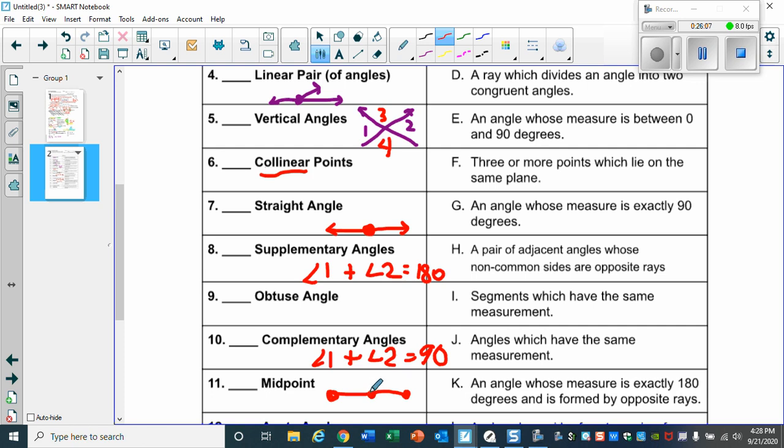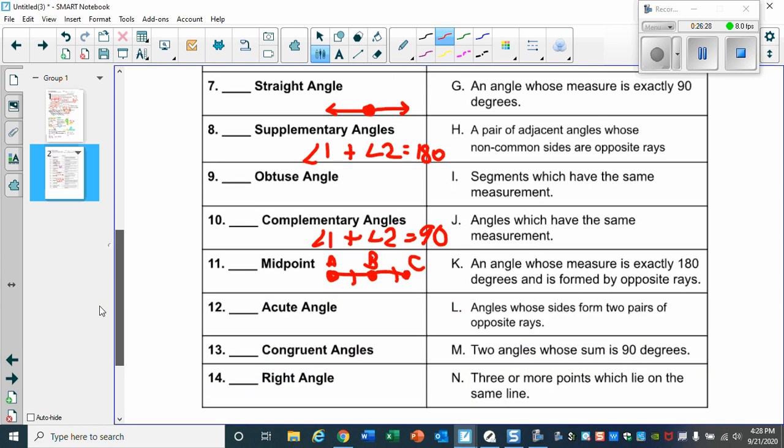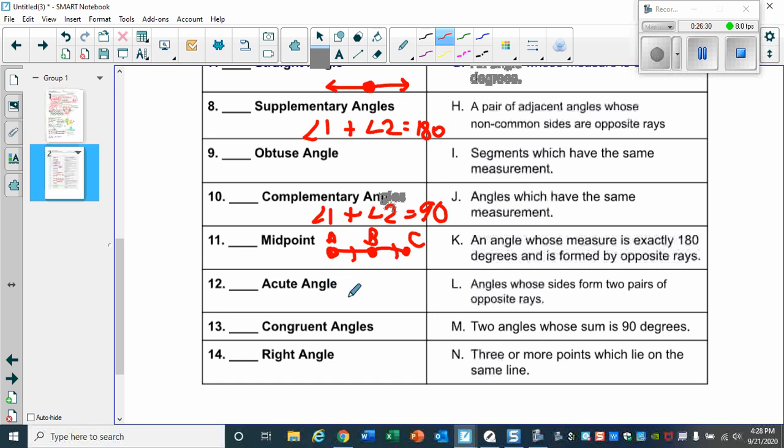Midpoint, what do we know about the distance from, let's say this is A, B, C. If B is the midpoint, we know something about AB, BC.